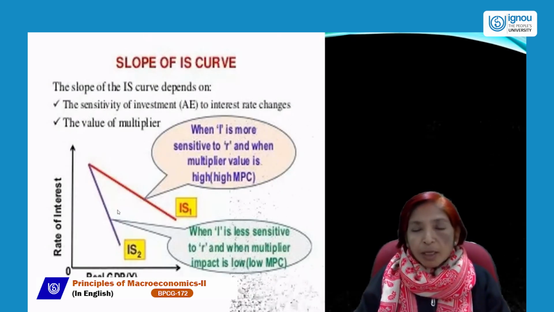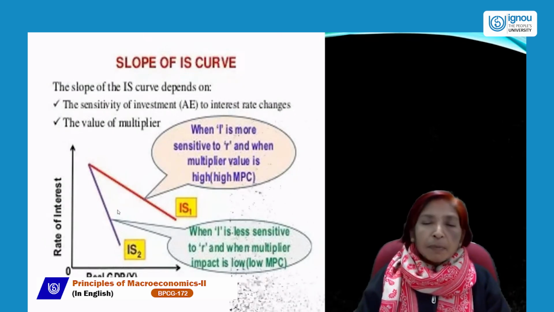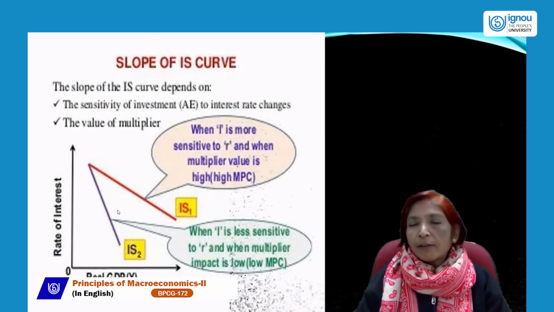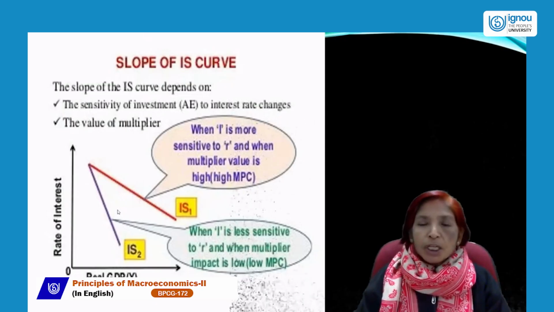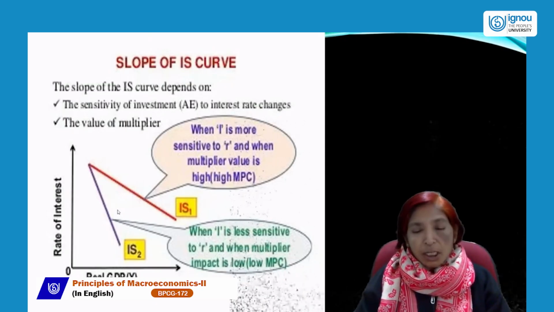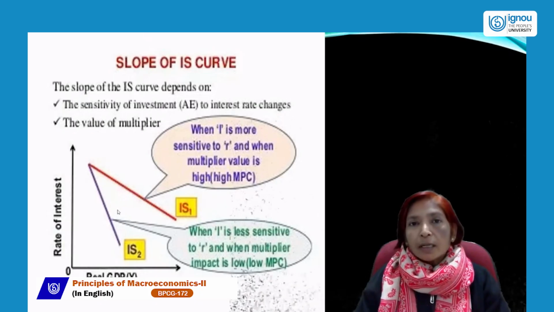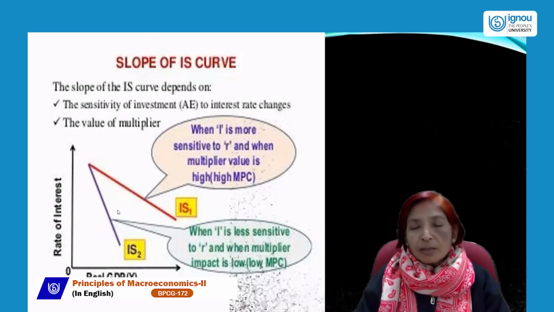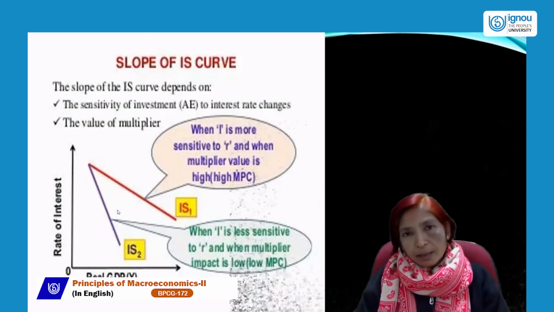What is the meaning of multiplier? Multiplier shows a multiple effect. Due to a change in one variable, if there is a change in a larger quantity in another variable, that is called the multiplier effect.